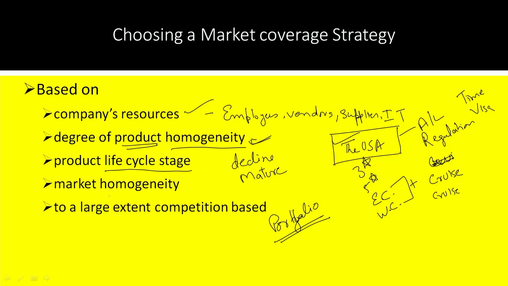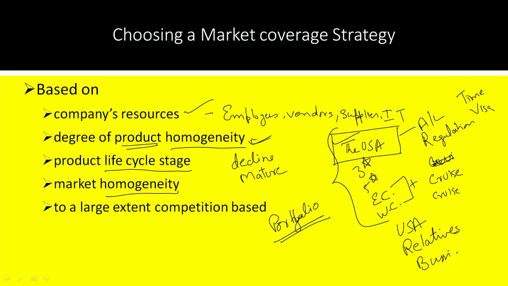Now, next is market homogeneity. To what extent the members of that particular segment are the same, they should not be dissimilar. Like you talk about the USA, more or less these will be the same. Maybe these are the people who want to visit the USA, these are the people who have relatives in the USA, these are the people who might be having some kind of business interest in the USA.